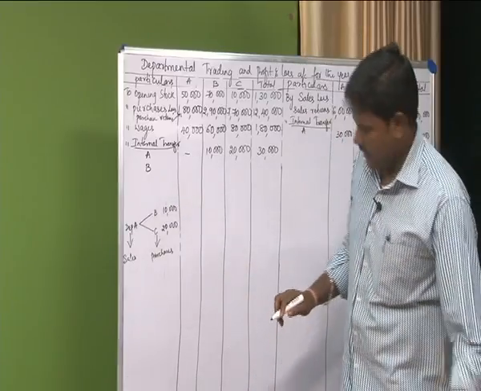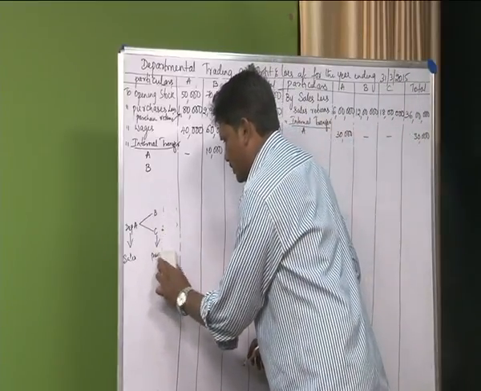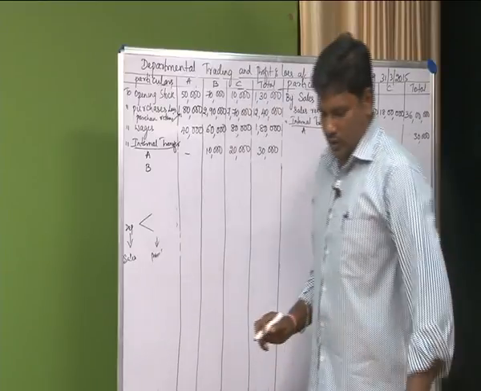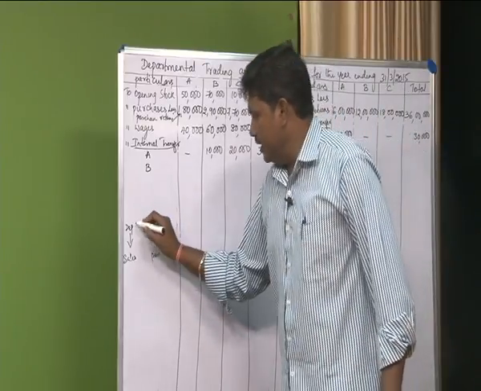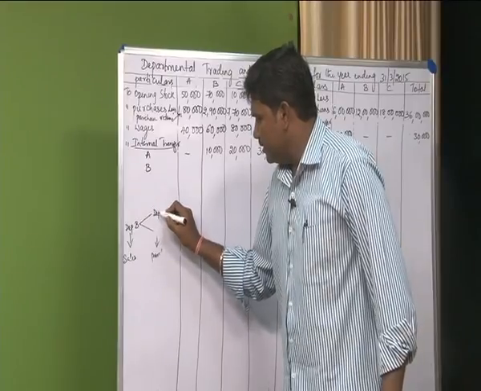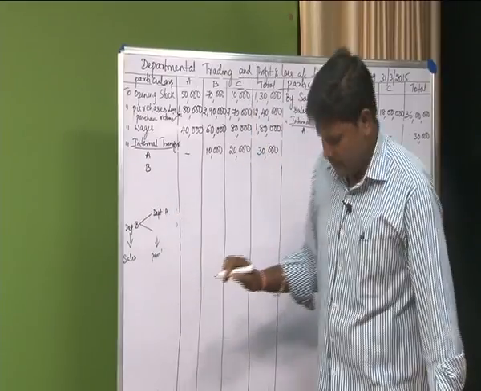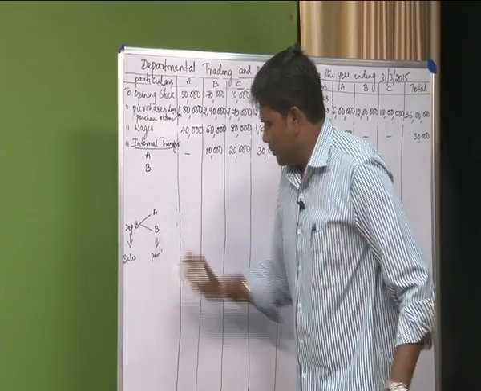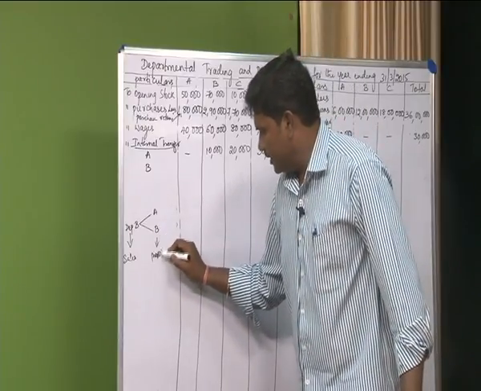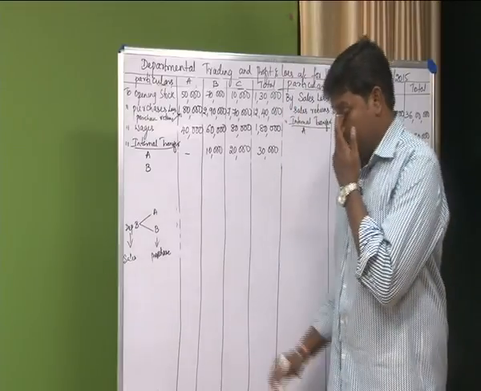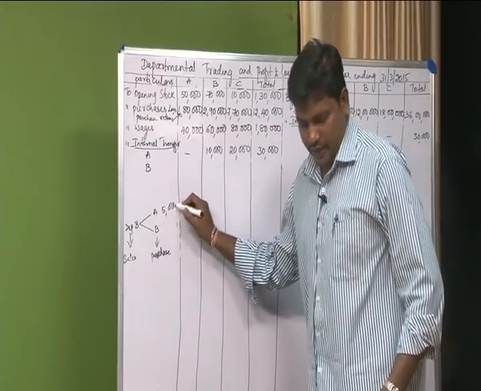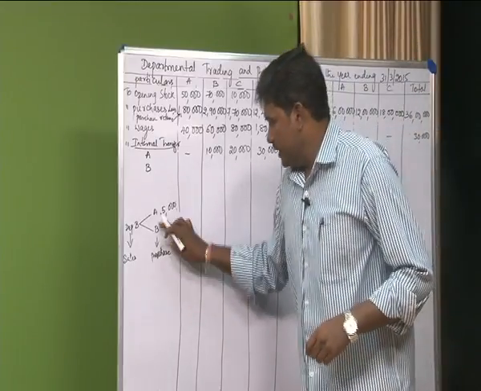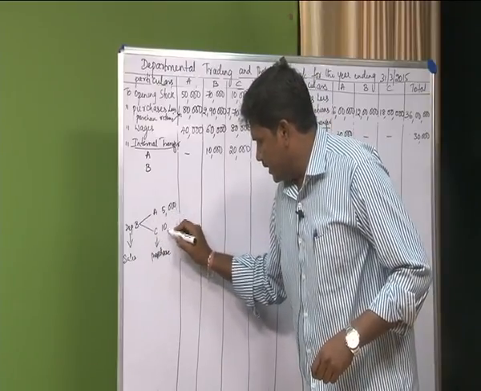Here I will write again, I don't want to confuse you. The goods transferred from department B to department A, and the goods transferred from department B to department C. For A, 5,000 is transferred, and for C, 10,000 is transferred.